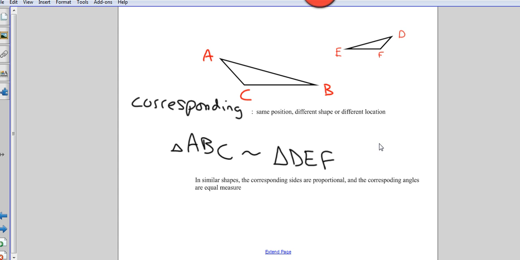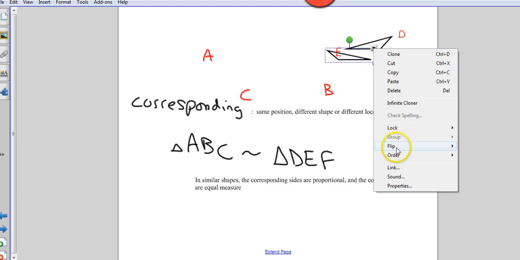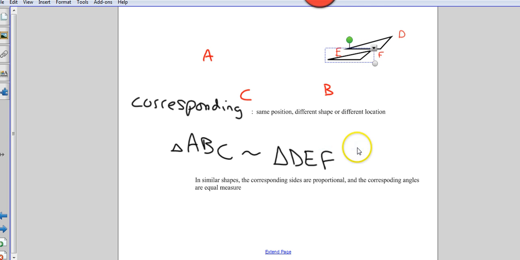Notice that this triangle has not only been moved over here and shrunk, but it looks like it's been flipped like that.